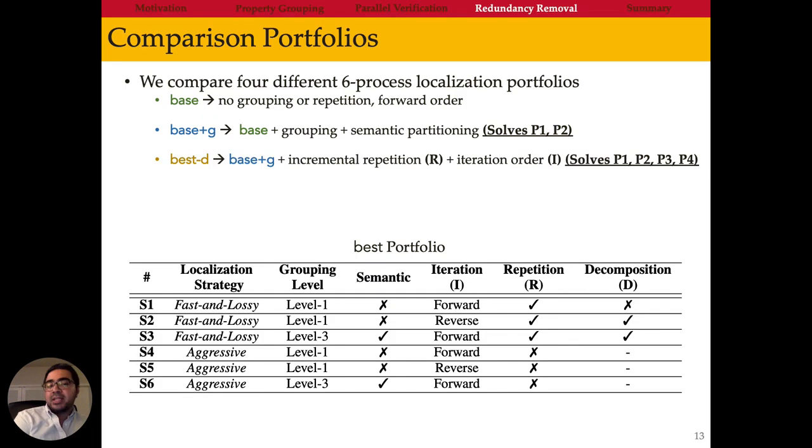Then there is the best minus D portfolio that extends the base plus G portfolio with our incremental repetition and iteration order heuristics. And lastly, there is the best portfolio that adds decomposition to the best minus D portfolio and solves all the parallel verification problems that we identify in this paper.